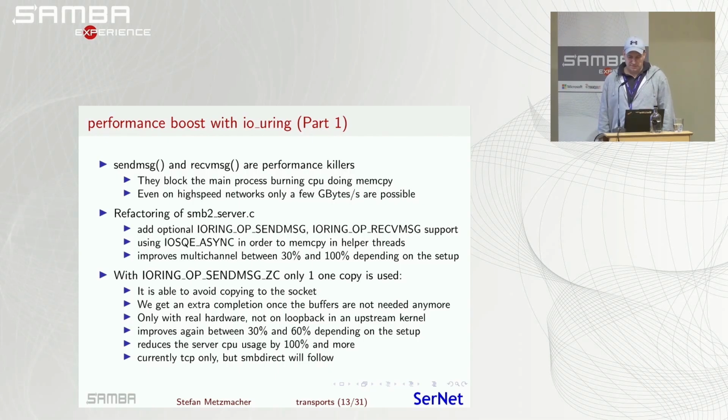And this needs real network hardware to work; on loopbacks that doesn't work, but it improves also on top of the other improvement by something between 30 and 60%, depending on the setup. And the most important thing is it actually reduces the server CPU usage by 100 or more %. For now it's TCP only, but in future SMB-Direct will also follow.